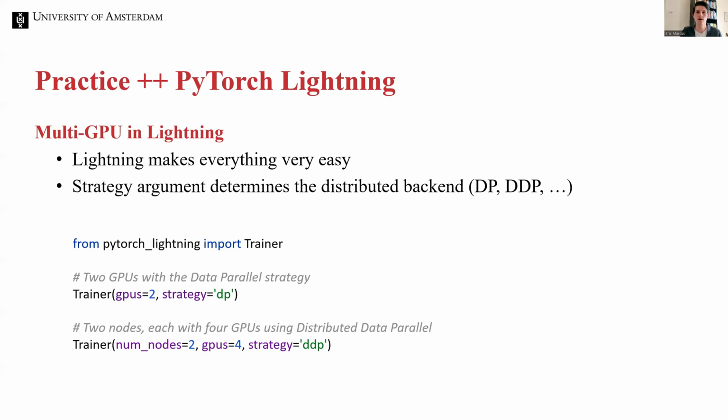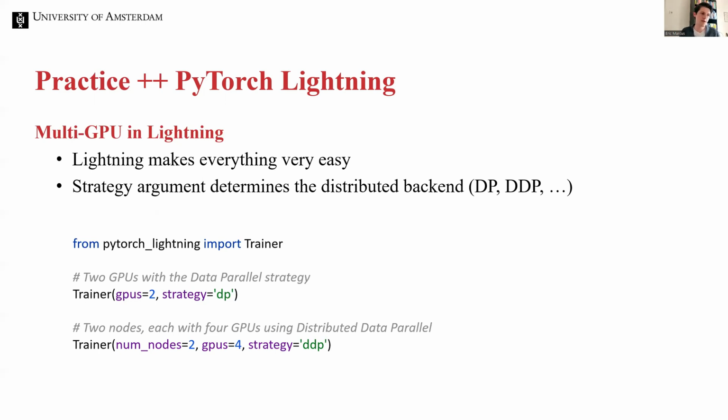Here I include 3 lines of code where we implement the PyTorch Lightning trainer. And I show you the 2 examples, right? How do I do a data parallel and how do I do a distributed data parallel? With an obvious statement, you should be using distributed data parallel because it's way faster and better.